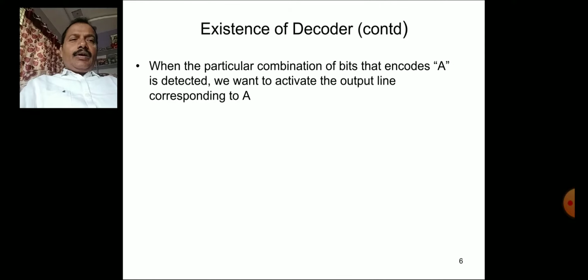When the particular combination of bits that encodes A is detected, we want to activate the output line corresponding to A. That means whenever the code of A is detected, we activate the output line corresponding to A, so that A will come into the picture.